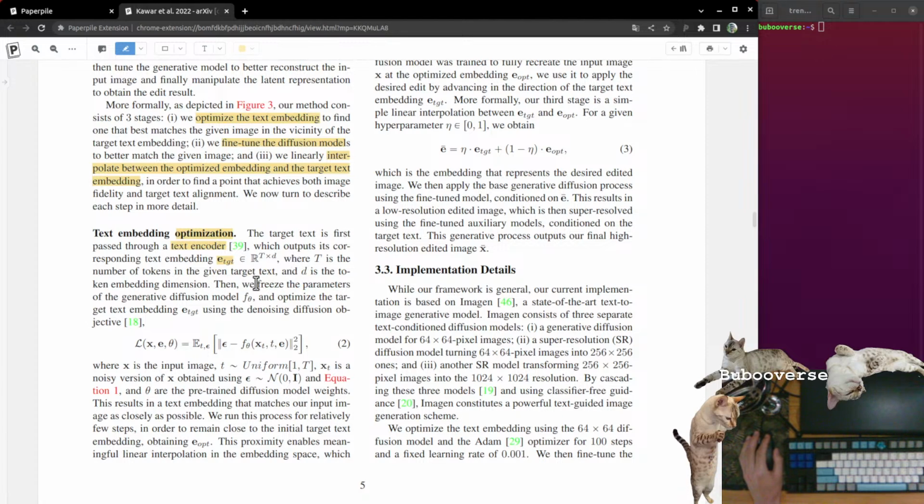So then they freeze the parameters of the generative diffusion model and optimize the target text embedding using the denoising function objective. Okay, so they still keep saying this optimize.